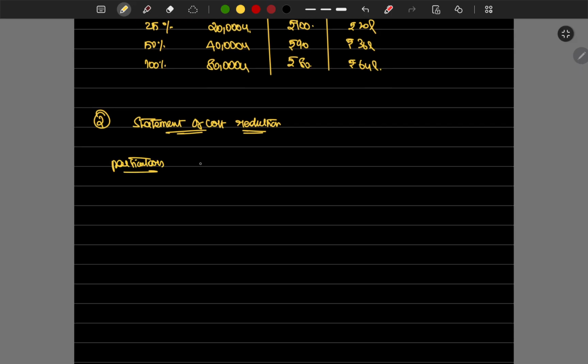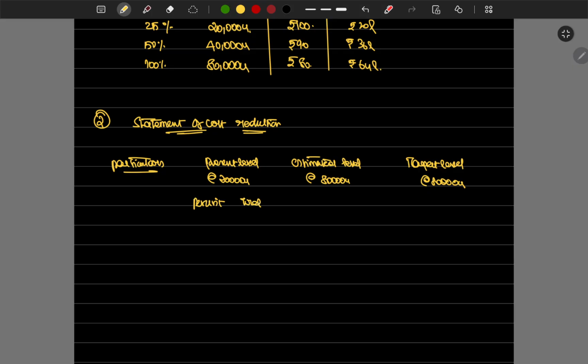Particulars: present level 20,000 units, estimated level at 80,000 units, and then targeted level, 80,000 units. For each, put per unit and total.